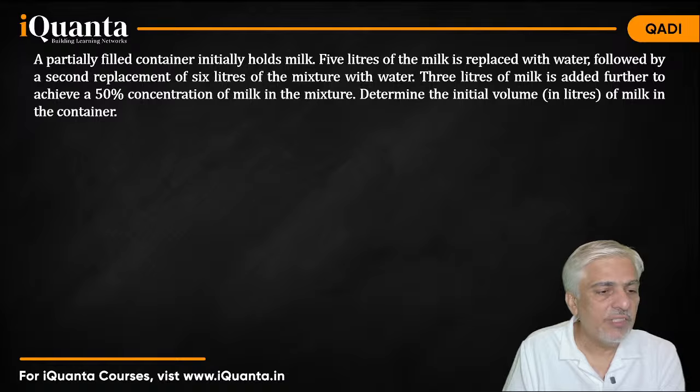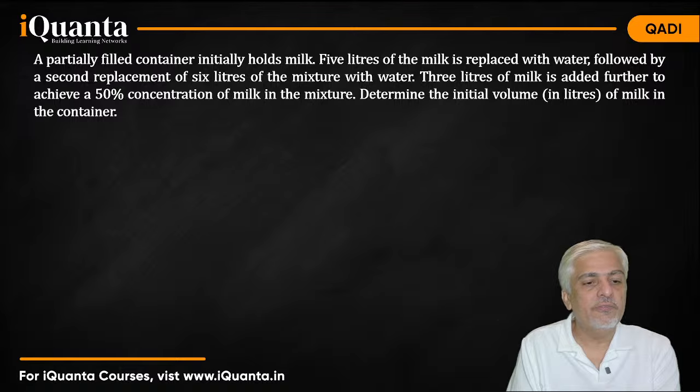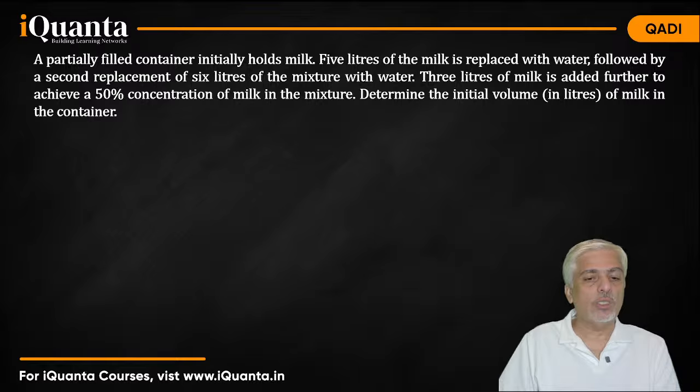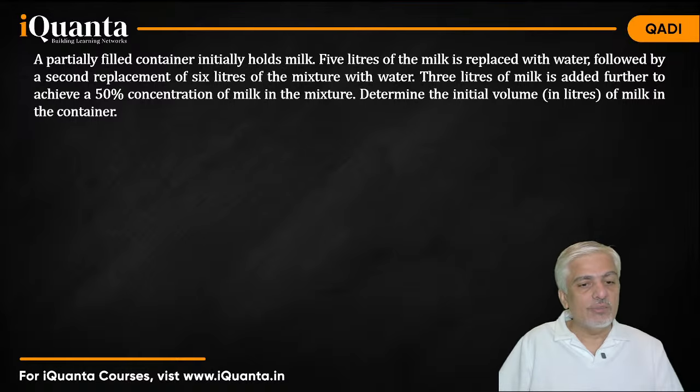A partially filled container initially holds only pure milk. Milk means pure milk. 5 liters of the milk is replaced with water, followed by a second replacement of 6 liters of the mixture with water again. So both the times you are removing and replacing with water. 3 liters of the milk is added further to achieve a 50% concentration.